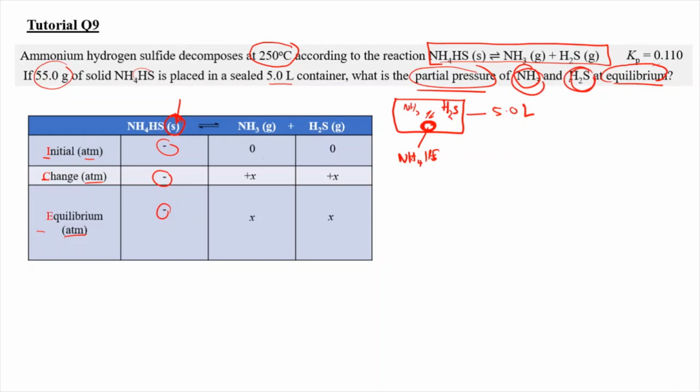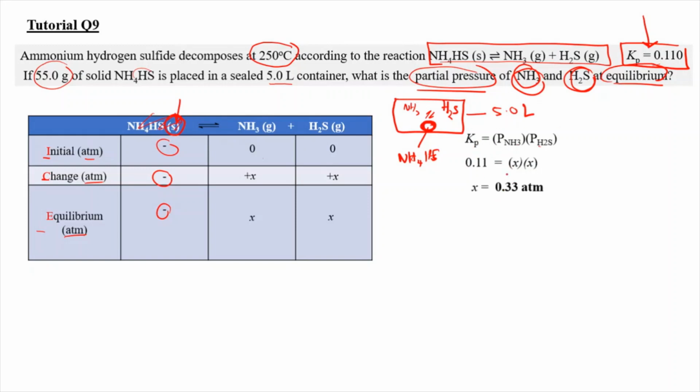And in order to do that, we can use our Kp here. Okay, since we know that our Kp is equal to the partial pressure of the NH3 at equilibrium multiplied by the partial pressure of hydrogen sulfide at equilibrium. And for the solid, we're not going to include that in our Kp expression. Okay, we just ignore the solid. And we know that our PNH3 is equal to X at equilibrium, similarly for the hydrogen sulfide. So X multiplied by X, and then our Kp is 0.11.